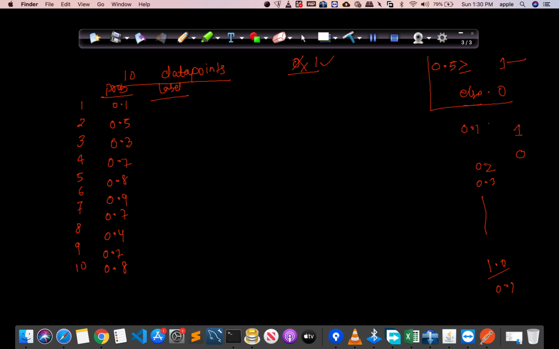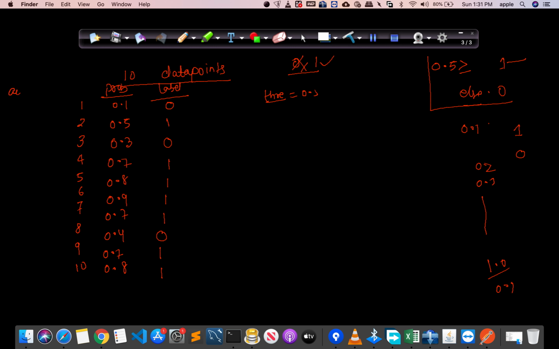Now the label is provided on the basis of the threshold. For example, we are taking a threshold of suppose 0.5. Then this will be labeled as 0, this will be labeled as 1, this will be labeled as 0, this will be labeled as 1. Now this will be labeled as 1, this will be labeled as 1, this will be labeled as 1, this will be labeled as 0, this will be labeled as 1, and this will be labeled as 1. This is the label predicted by the model.